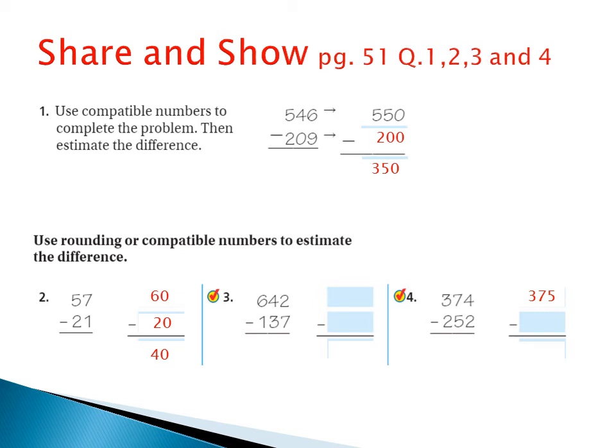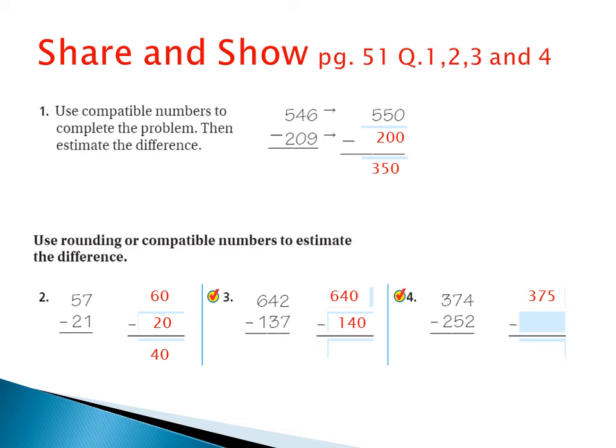Okay, 642, I rounded it to the nearest 10. 137, I rounded it to the nearest 10 also. Look, 642. If you look at the ones, it is less than 5.